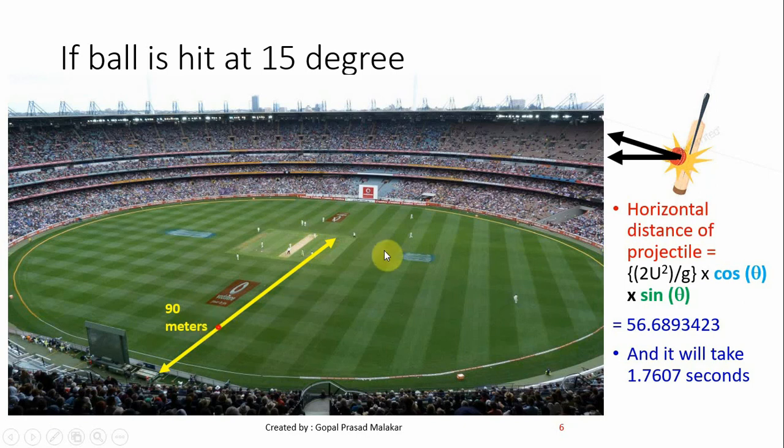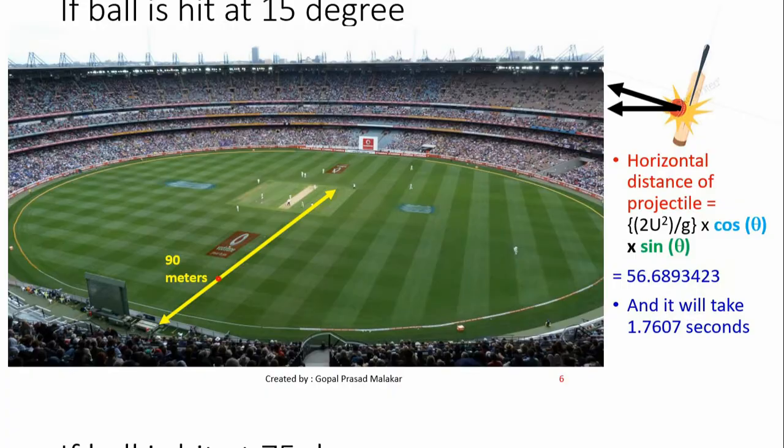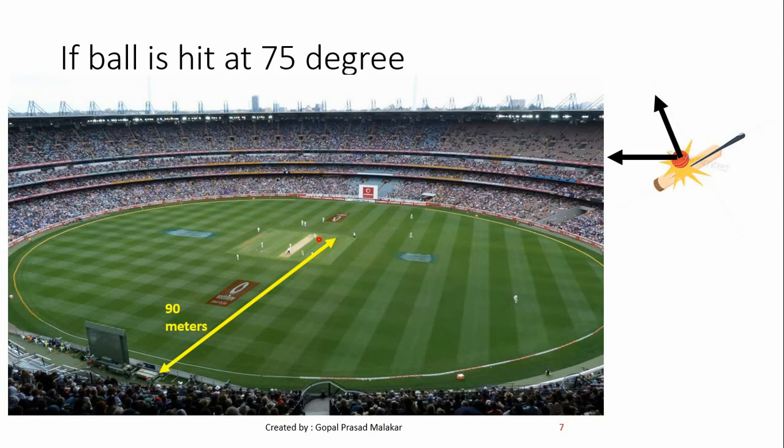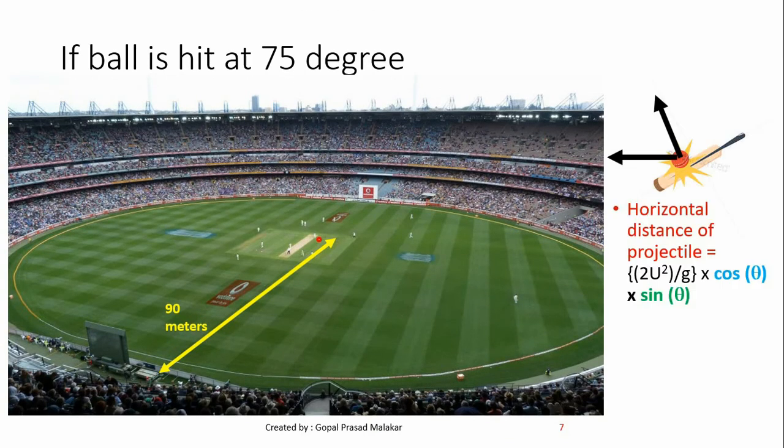Now look at what will happen when the ball is hit at 75 degree. Obviously the range, as I have told, is bound to be the same, but what is the duration of flight of the projectile? This is actually 6.57. So it has traveled the same distance but taken much more time.